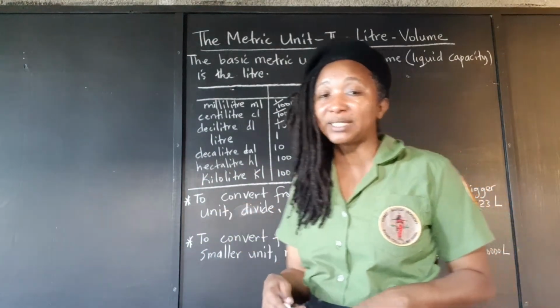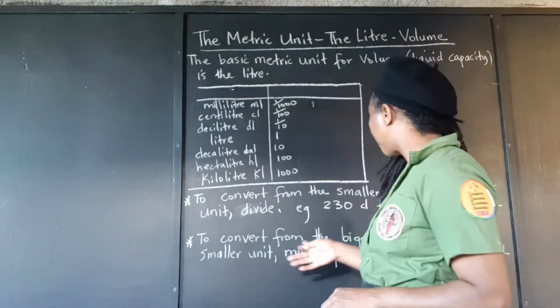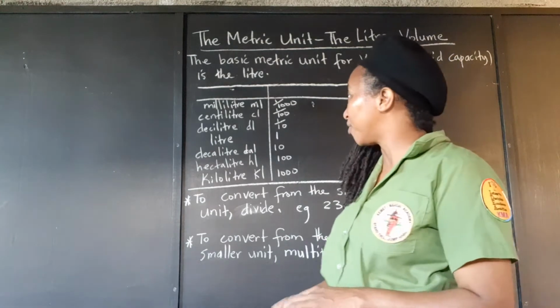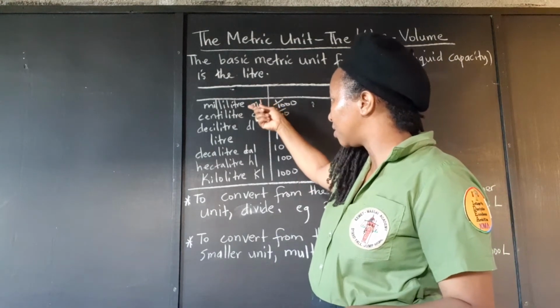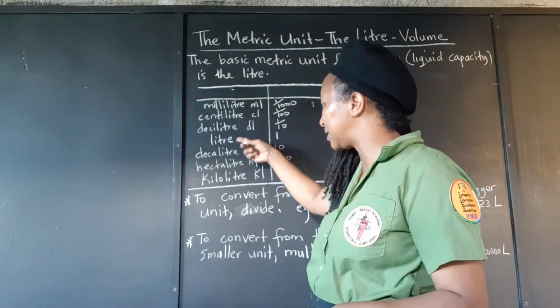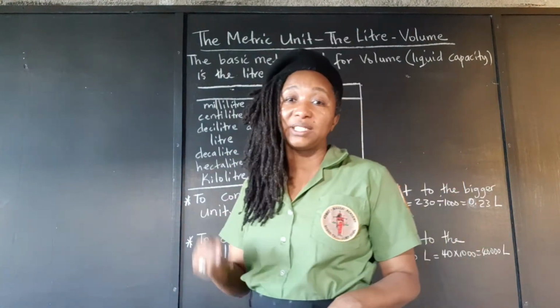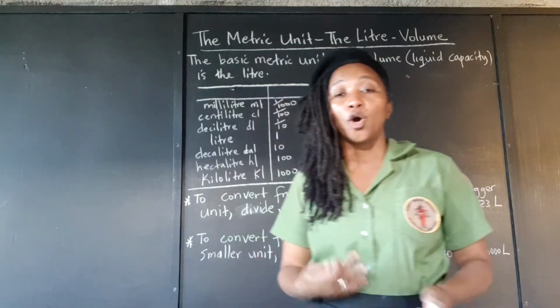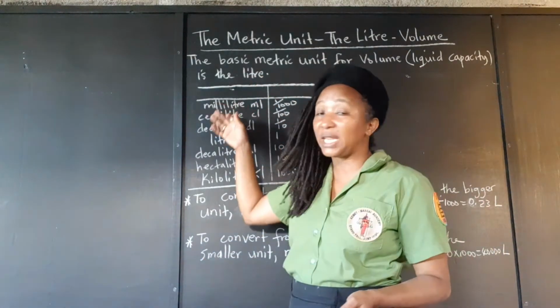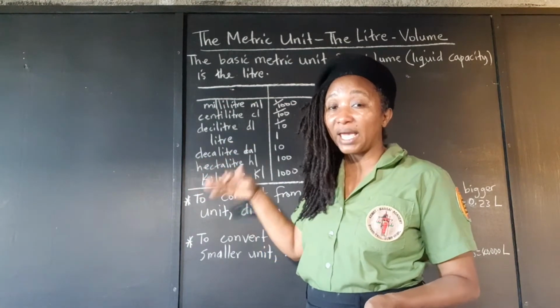To convert from the smaller unit to the bigger unit, we divide. So if we're converting from milliliters to liters, or liters to decaliters, or liters to kiloliters, we divide. And how do we know what power of 10 to divide by? We simply look at how many places away.